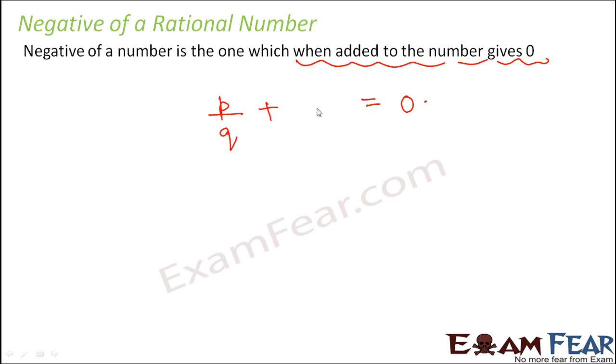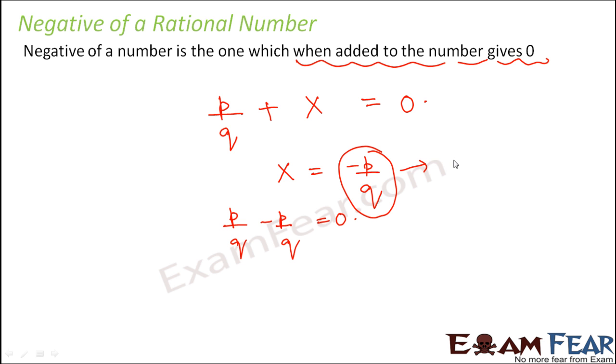Let us say that number is some number x. So what would be the value of x? This x would be nothing but minus p by q, because p by q minus p by q is what? Nothing but 0. So if you add minus p by q to plus p by q, you get a 0. So we can say that minus p by q is the negative of plus p by q.